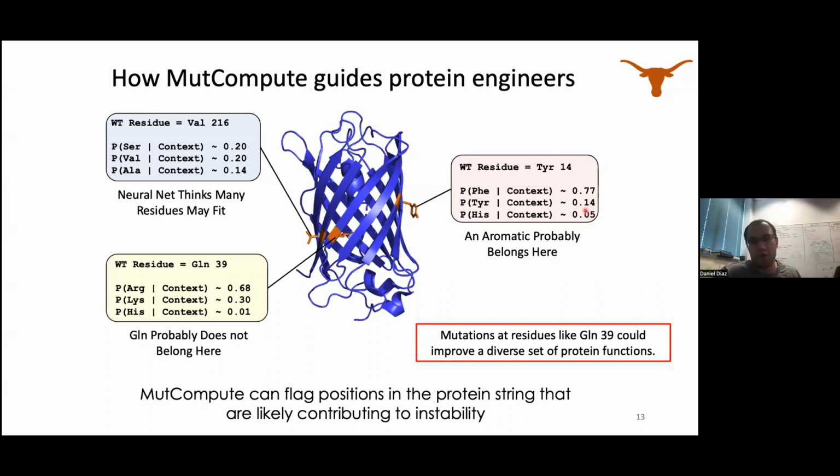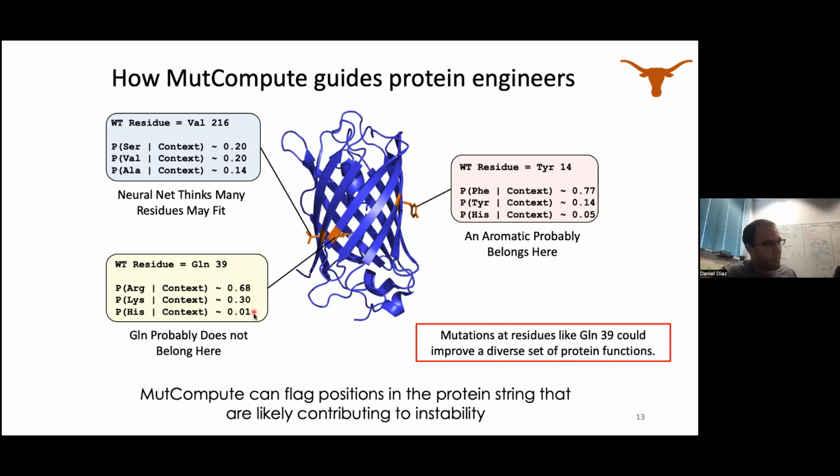The ones that we'd like to prioritize for engineering campaigns are mutations like at glutamine 39. Glutamine is a polar neutral amino acid, but if you look at the probability distribution, arginine, a cationic amino acid, got 68% of the probability, and lysine, another cationic amino acid, got another 30%. So the two primary cationic amino acids got 98% of the probability that belongs in this microenvironment.